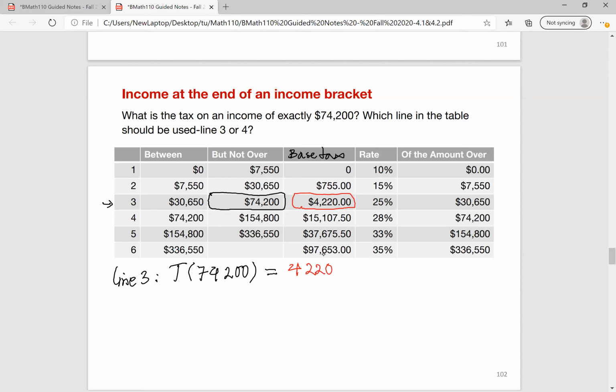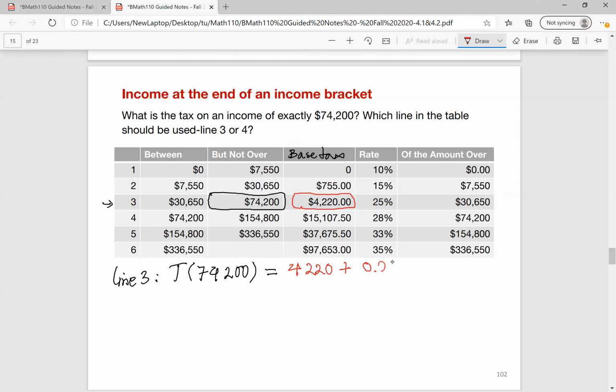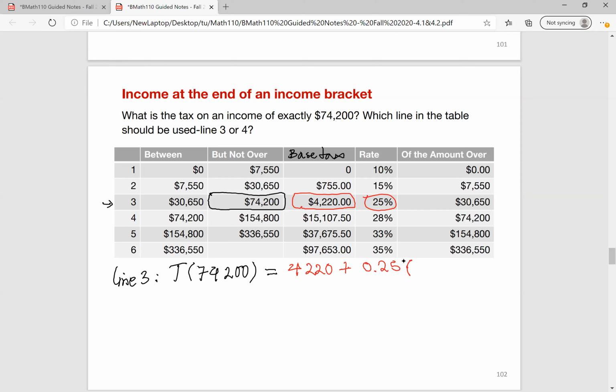4,220. And then you add the rate, which is 25%, 0.25, multiplied with the amount over, which means you take 74,200 and subtract the lowest amount of this level, which is 30,650.